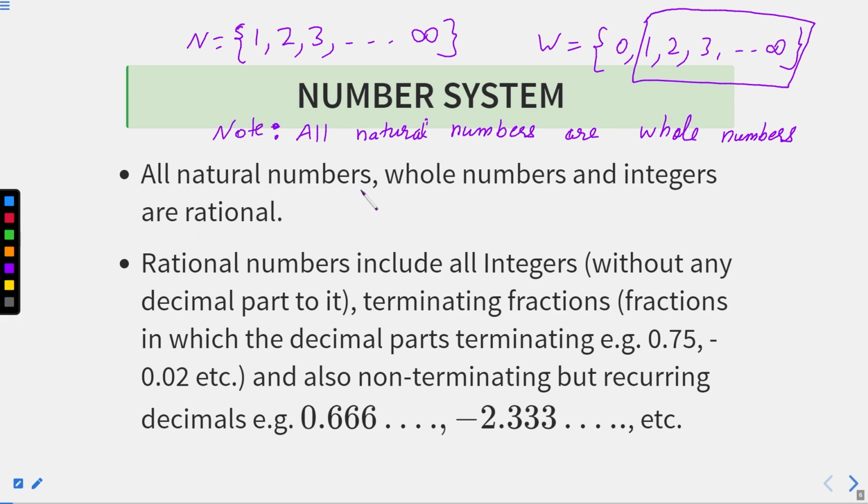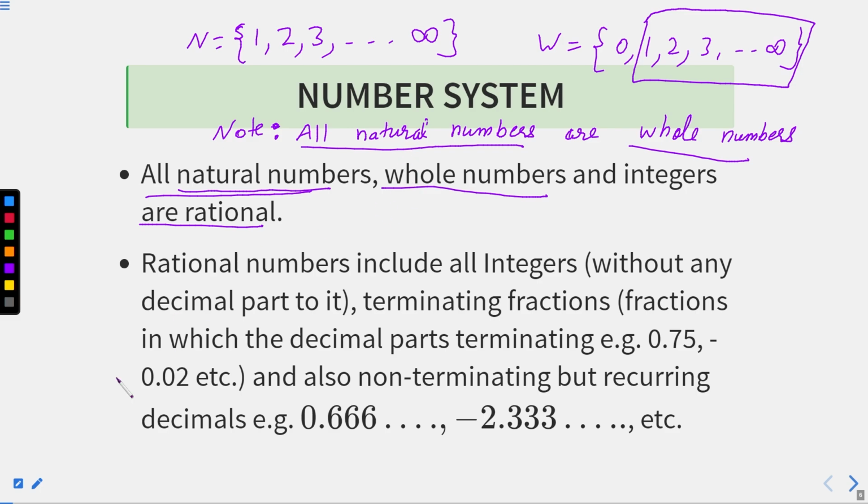Now all natural numbers, whole numbers and integers are rational numbers. Why? First comes the natural numbers. We know that all natural numbers are whole numbers. So if we somehow show that whole numbers are rational numbers, then we can easily say that natural numbers are also rational numbers, because all natural numbers are whole numbers.